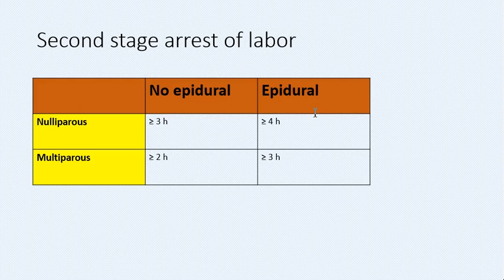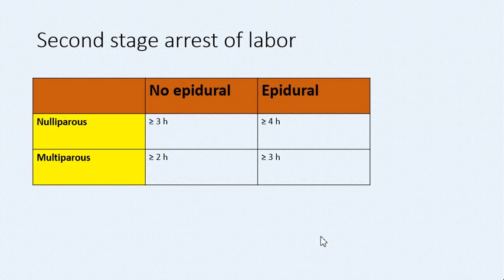If the patient receives an epidural and is nulliparous, more than 4 hours is second stage arrest of labor. If the patient is multiparous with no epidural, more than 2 hours is second stage arrest of labor. And if the patient is multiparous with an epidural, more than 3 hours is considered second stage arrest of labor.